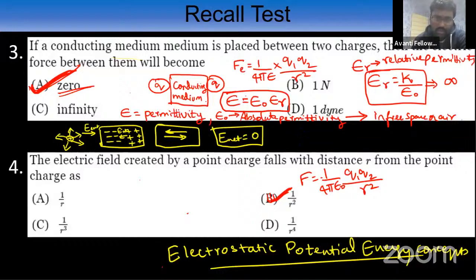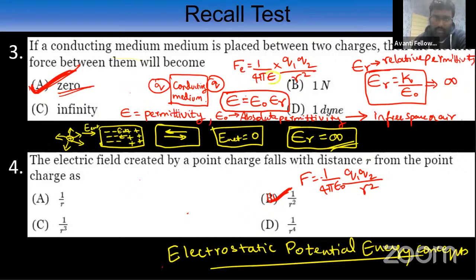So, what can we say about its relative permittivity? The relative permittivity of a conductor is infinite. By this, we can conclude the relative permittivity of my conductor is infinite.